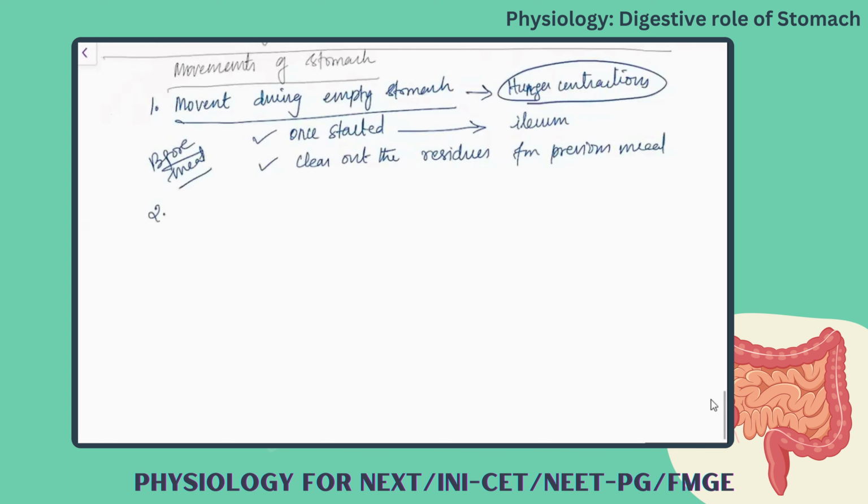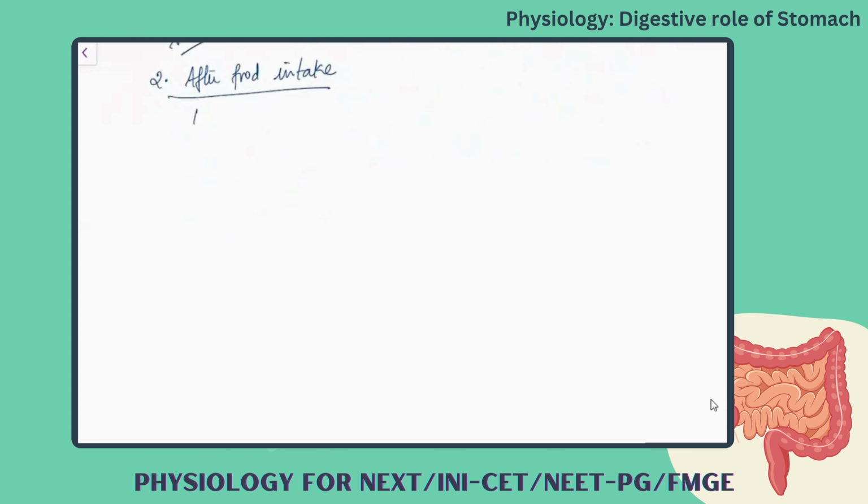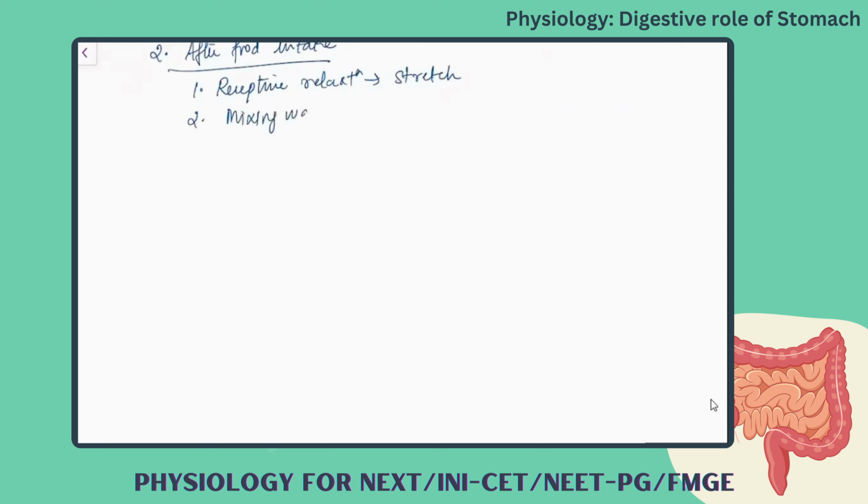And the next one is movement after food intake. In this case, you have receptive relaxation, which is the distension or stretching of the stomach. And the next one is the mixing waves, which I have already drawn and shown you in the picture.